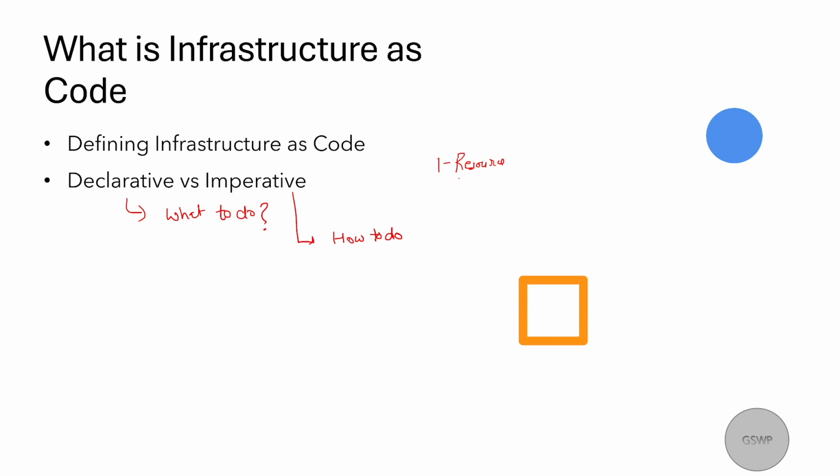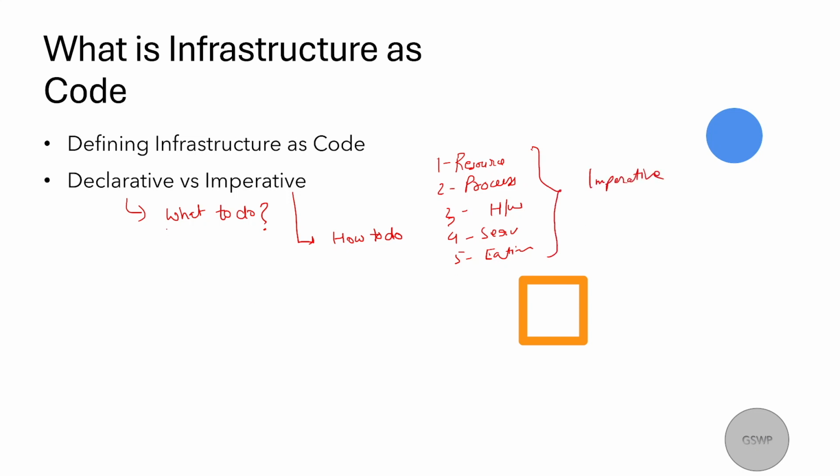Then we know the process, how we will prepare, and then we have the hardware to prepare, like utensils, gas, etc. And then once it is prepared, we have to serve it, and the final step is having it, or we can say eating. So this process is called imperative.